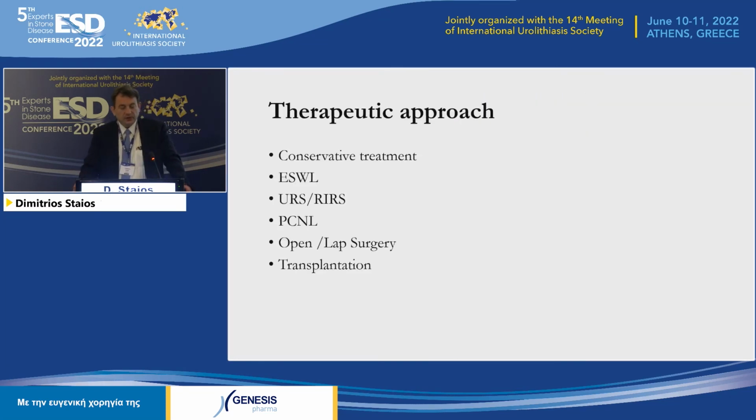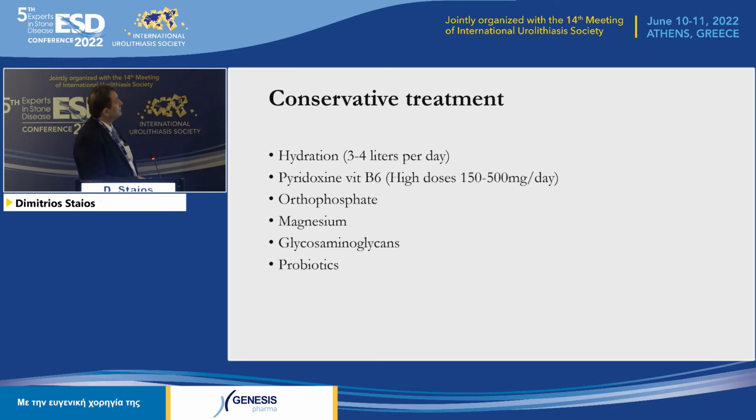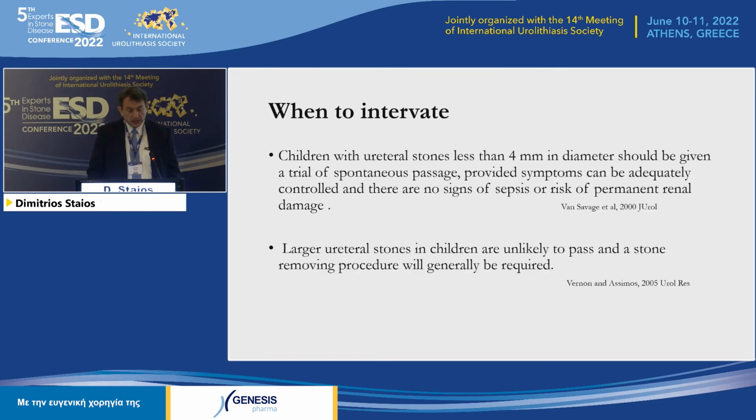Now, in the therapeutic approach, we have conservative treatment, of course: hydration over 3 to 4 liters per day, vitamin B6, orthophosphate, magnesium, glucosamines, probiotics, and, if I may say, dialysis.